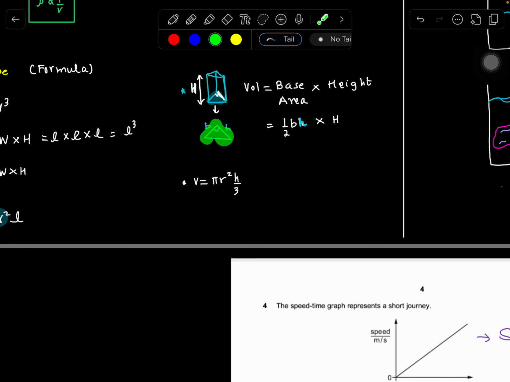The base can be a triangle, a rectangle, or a pentagon, practically any shape. Whatever your base is, you find its area and you multiply it with the height of that prism, sorry, not pyramid.